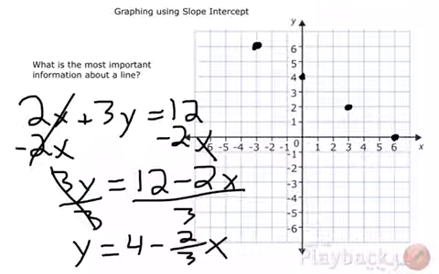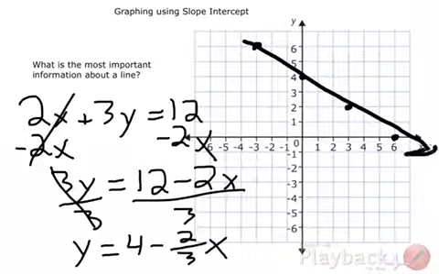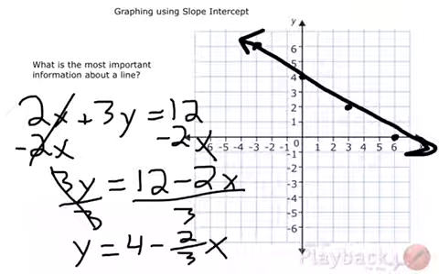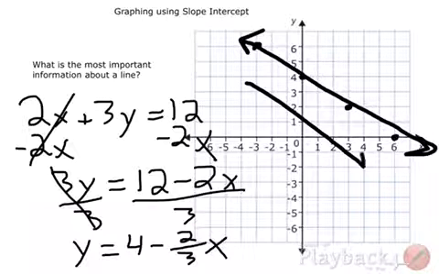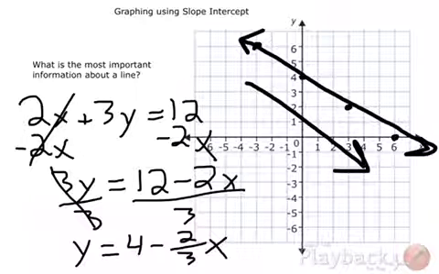So here's our graph. A little crooked, but that's okay. We're just sketching it here. And I want you to take note of a couple things here. When you look at your equation and you look at your slope, you notice that your slope is negative 2 over 3, which means that your line should be going down from left to right.